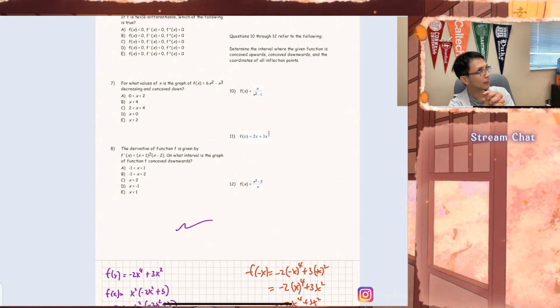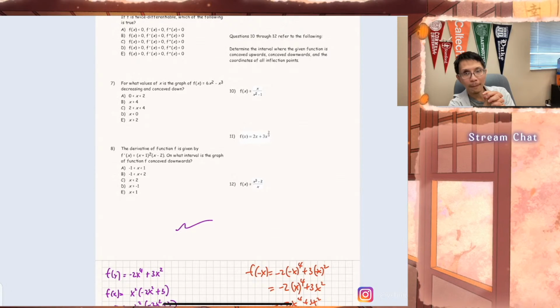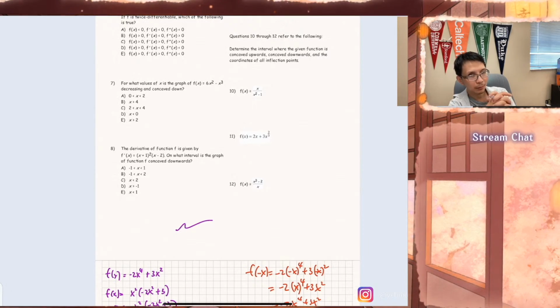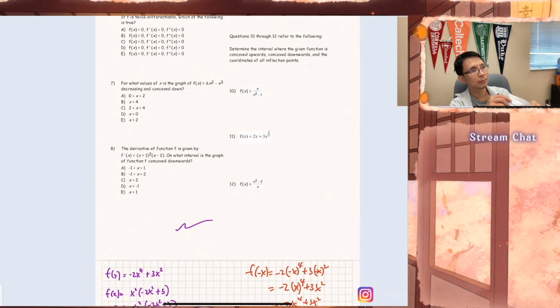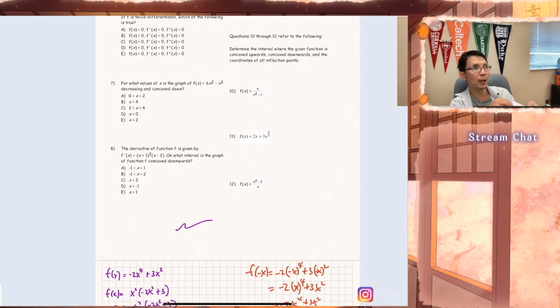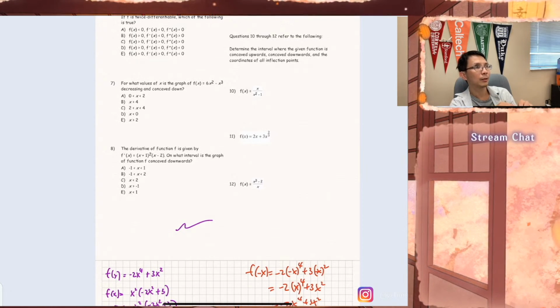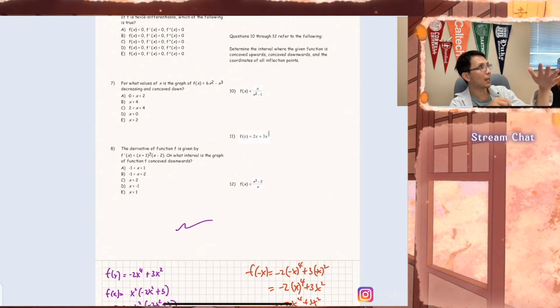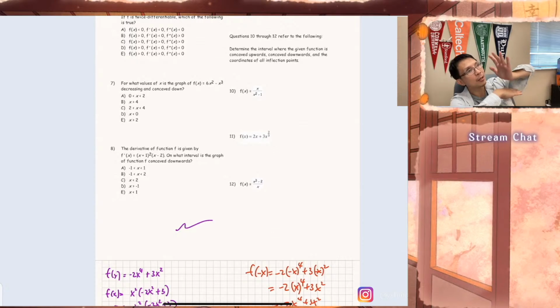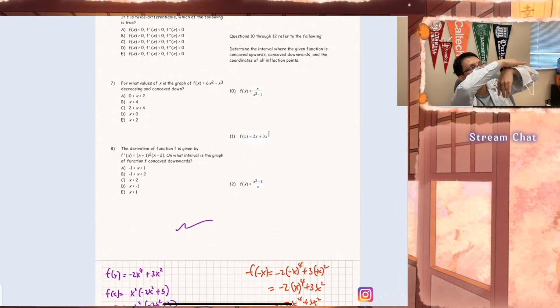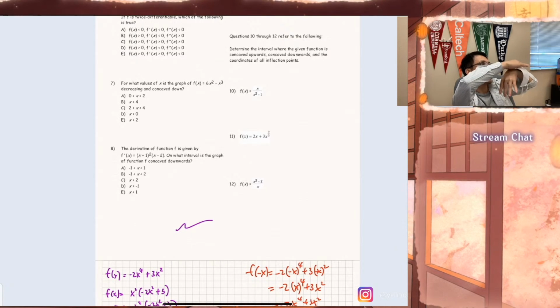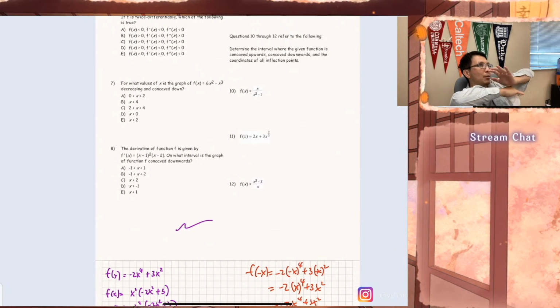You find the critical points, then you plug in all the values where f single prime is equal to 0, and you take the critical value and plug it into the second derivative. And you see if it is positive. If it is positive, it's concave up, so it's a min. Concave down is a max. Concave up is a min, sorry.